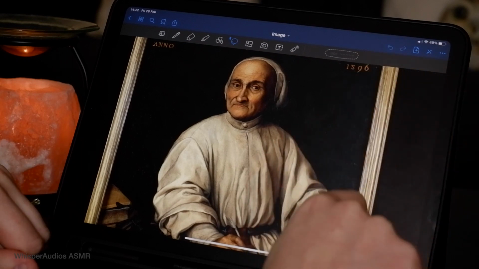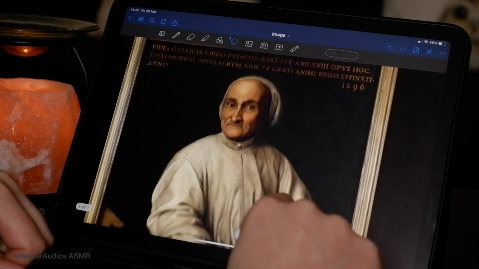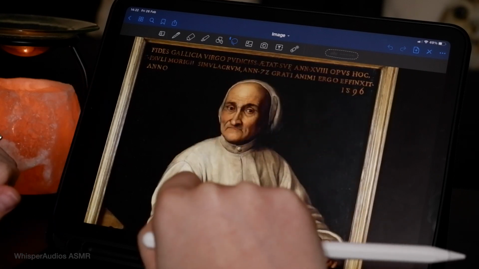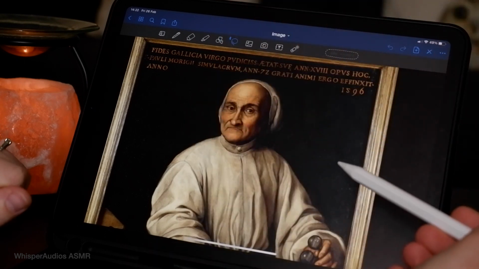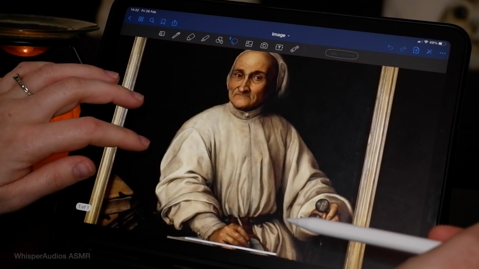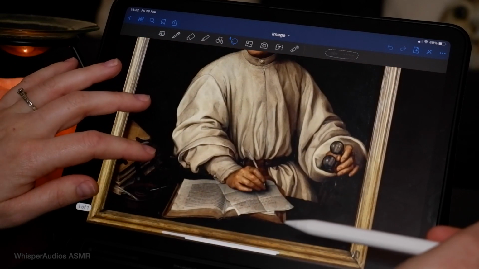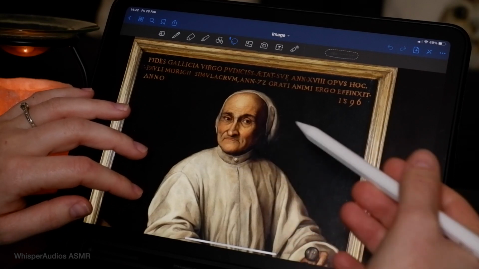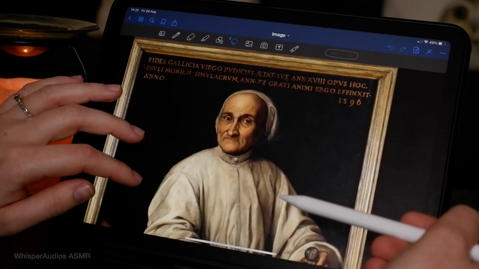So, what can we see? We see a portrait of what I think is a man, and it looks like he is in an educational setting.